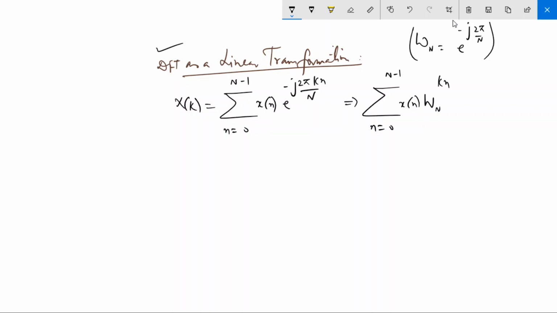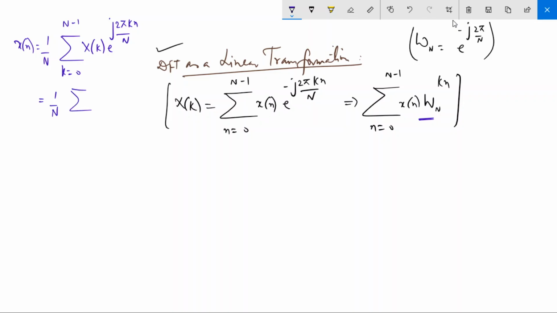And similarly for IDFT, x[n] is equal to 1 by N summation of k from 0 to N minus 1 X[k] e raised to power j 2 pi kn by N. Or in terms of the twiddle factor you can write it as x[n] equal to 1 by N summation over k from 0 to N minus 1 X[k] W_N to the power minus kn.